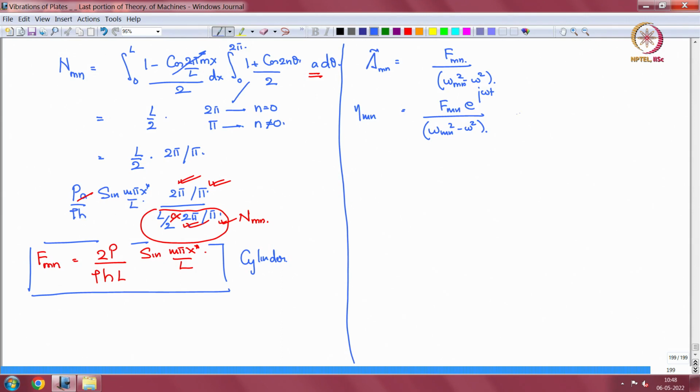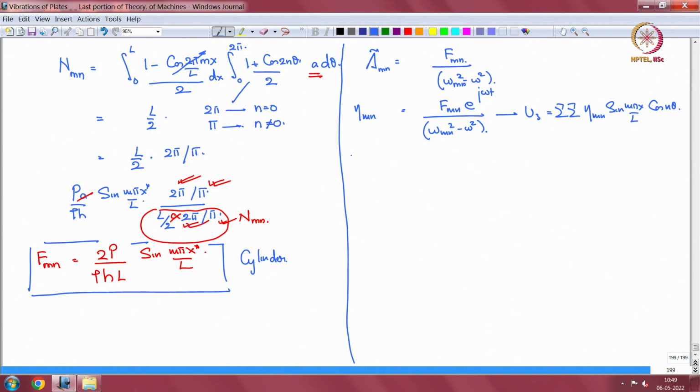From here you get u3 as a double sum of eta mn sine m pi x by L cos n theta.